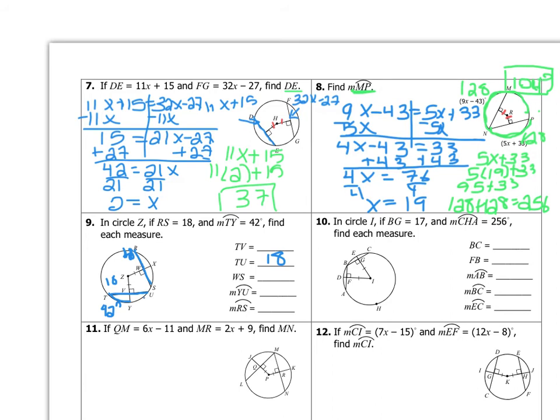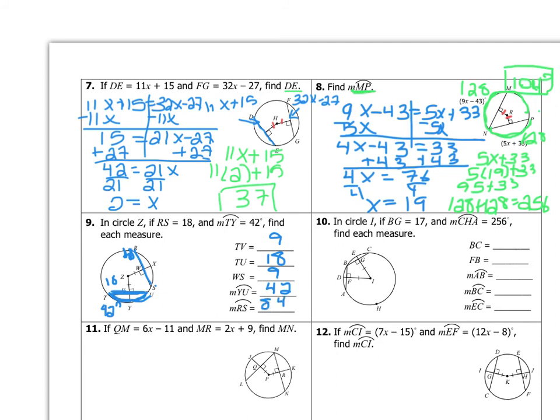Now for TV, we know that this is 18, so therefore TV is 9, because we're only talking about half of it. And then WS, we've got a whole WS is 18, so this is going to be 9. Now we need YU, and we already know that TY is 42, so therefore YU is 42. And then RS, if this is 84 altogether, this is 84.